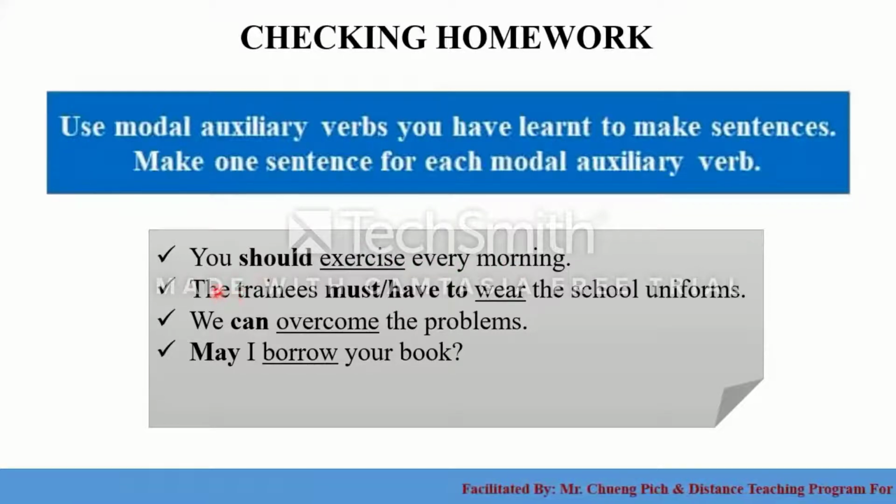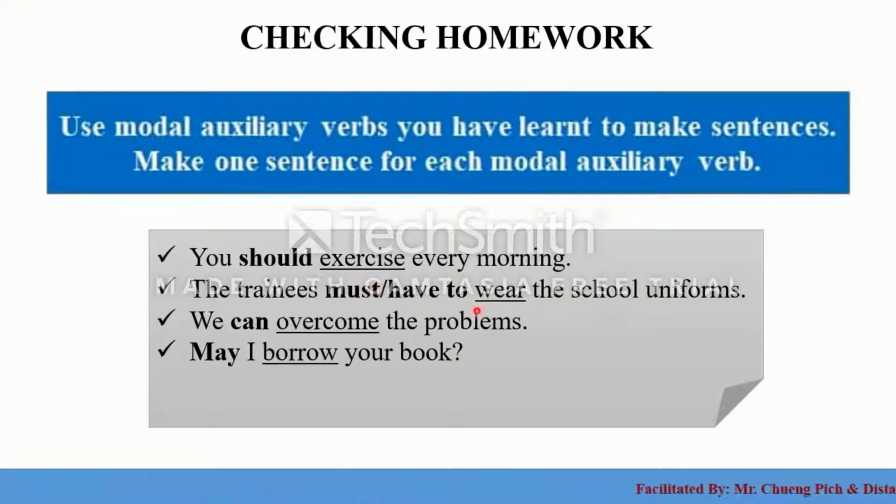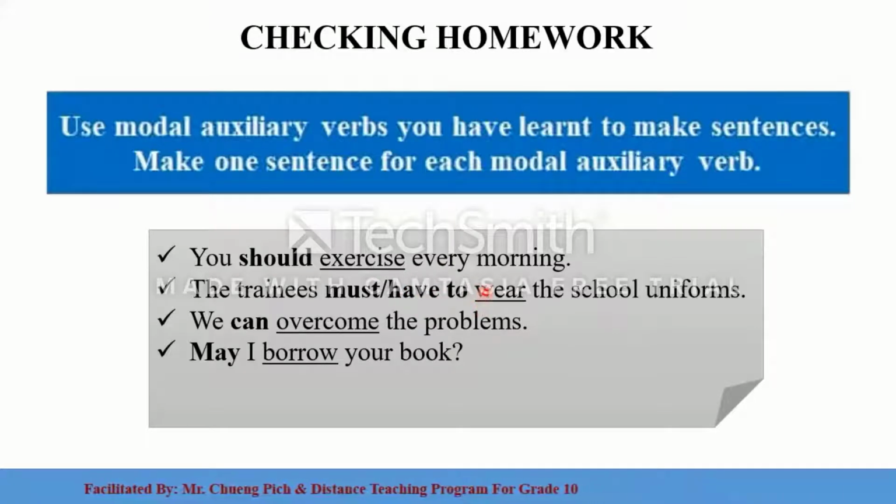Second statement: the trainees must or have to wear the school uniforms. I put a slash here because we can use must, the trainees must wear the school uniform, or we can say the trainees have to wear the school uniform, because it is an obligation that they have. So must and have to are modal verbs here.